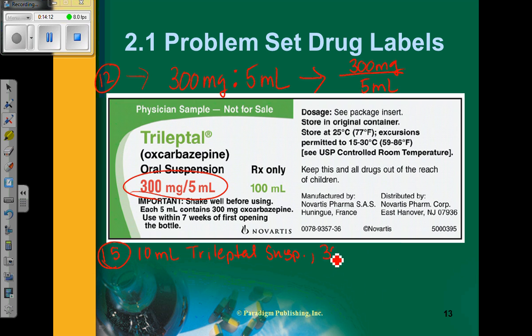Which means you have 300 milligrams in 5 milliliters, which we've already determined from question 12. So what we want to do here is actually solve. We have 3 parts, so we could do a ratio proportion and find what we need in the milligrams. We know this is our known fraction, so we'll go ahead and set it up.